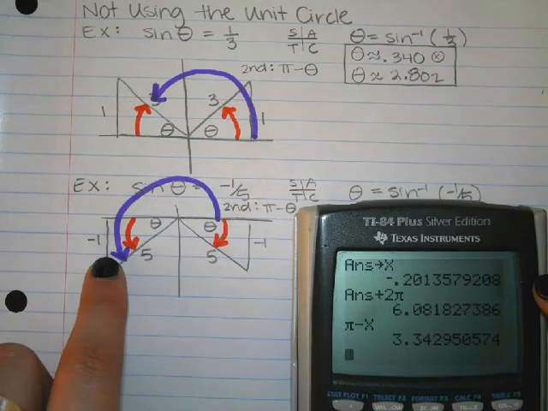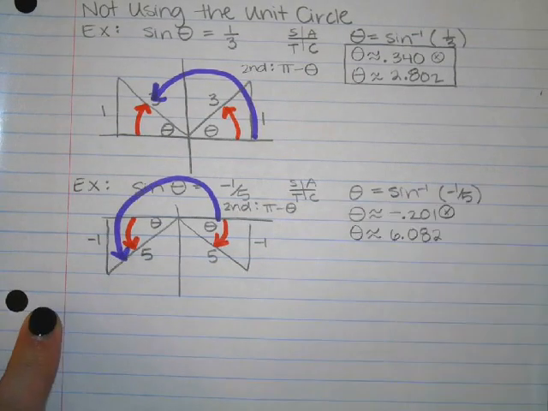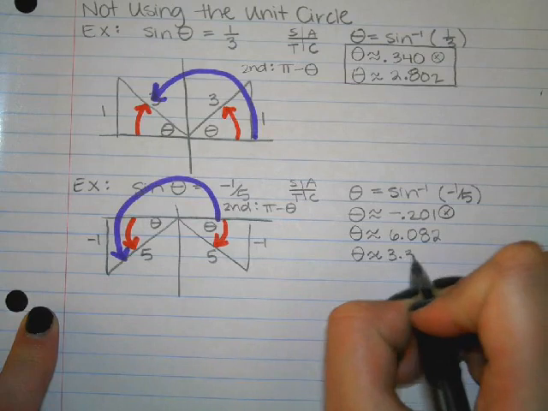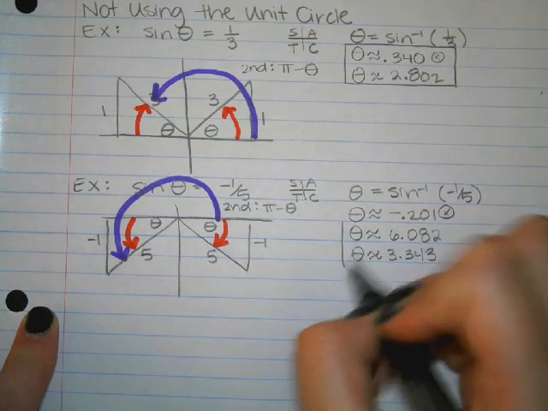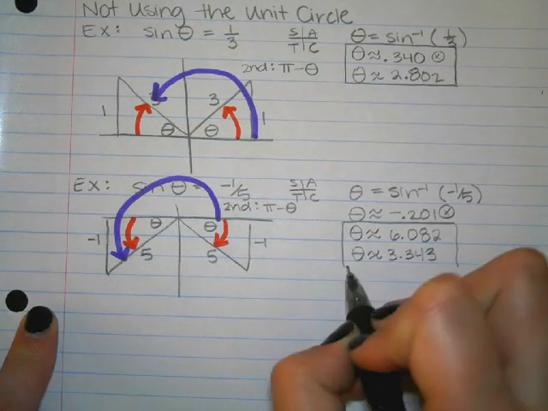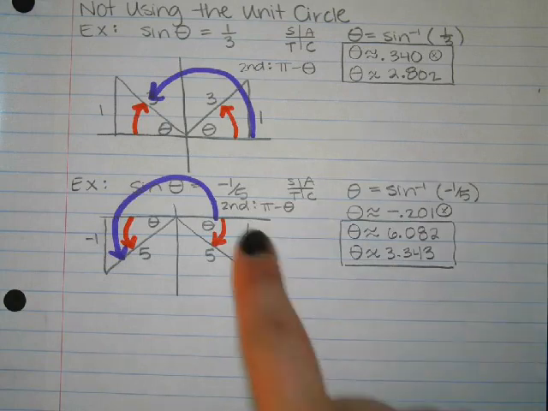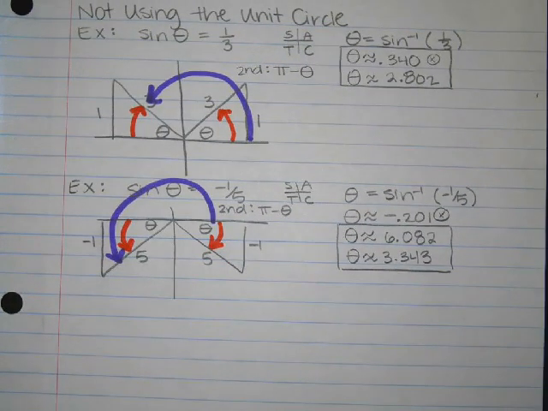And so we went a little bit past pi. So that's valid. That makes sense. Okay. So our second answer here is 3.343. And now we know anytime we're doing a sine problem the calculator gives us our first answer. And then if we do pi minus our first answer, that will give us our second answer.